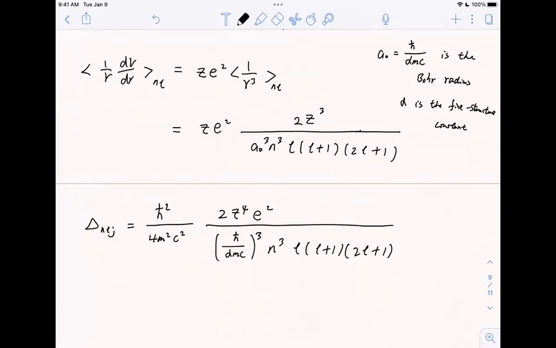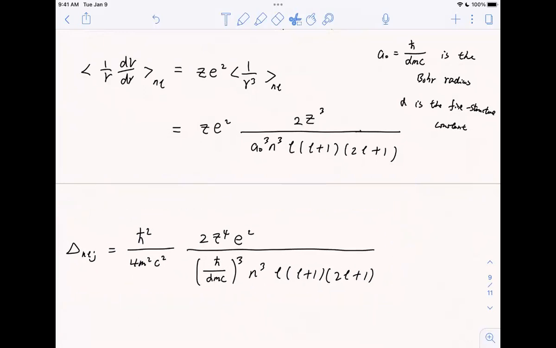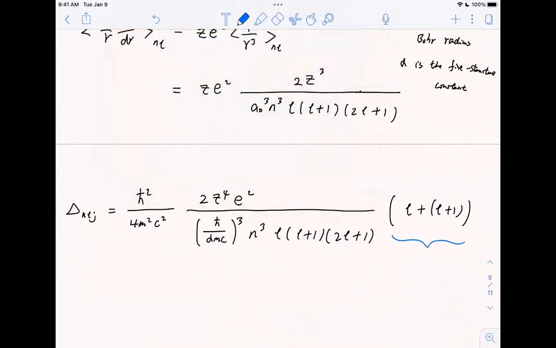And then here you actually just multiply L plus 1. So this is the splitting.